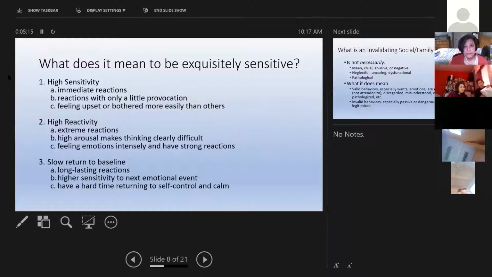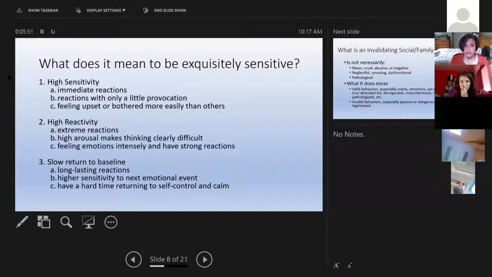So what does it mean to be exquisitely sensitive? In the children that we see, we talk about high sensitivity, high reactivity, and a slow return to baseline. We basically see children who are easily upset, more than what other people would be in general. They seem to have the ability to pick up on other people's emotions incredibly well, even at a very young age.